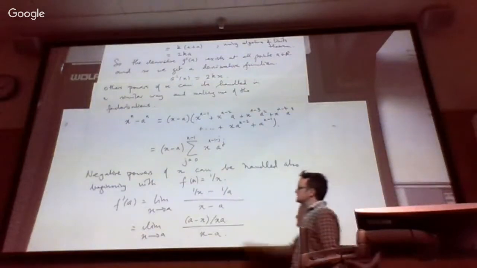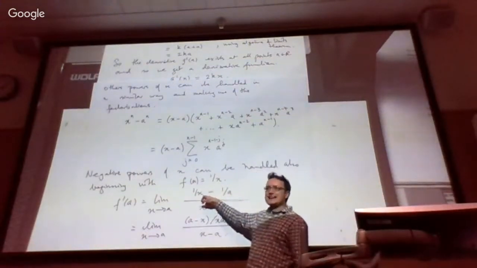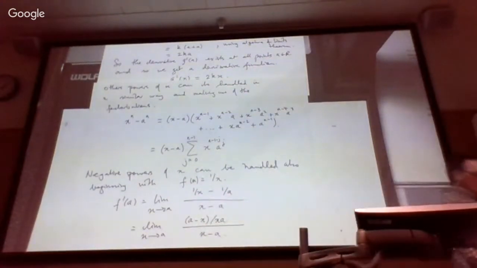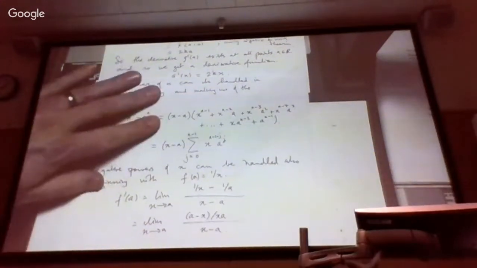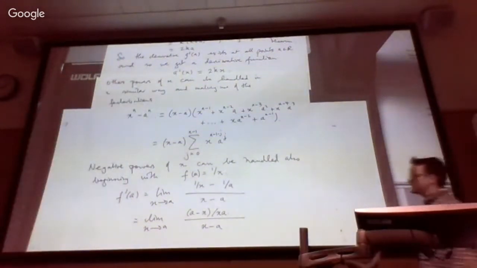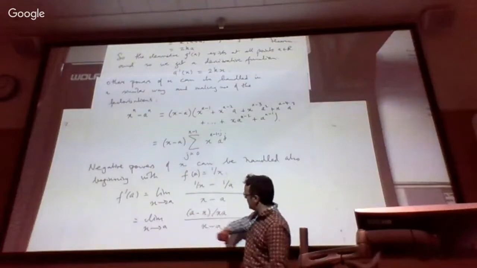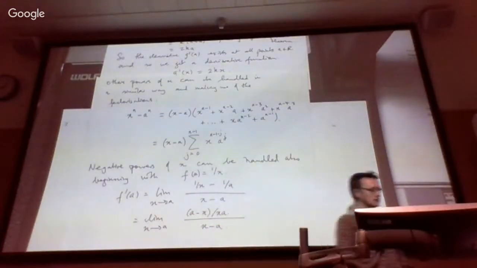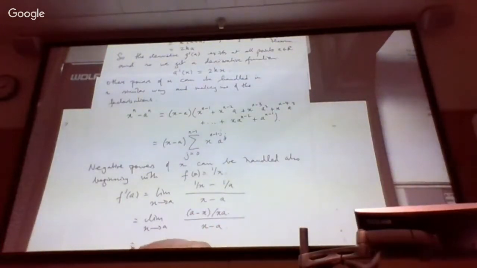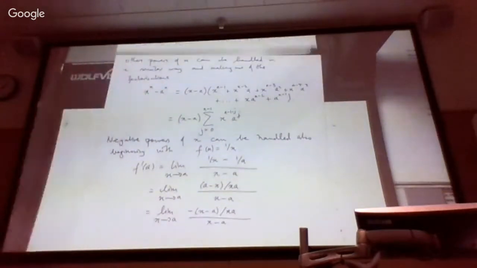That's what we have for subtracting those fractions. And really, this is the same factor, except it's got a minus sign in front of it compared with that one down there. So you could rewrite that, just to make it obvious, as minus x minus a divided by xa, over x minus a.